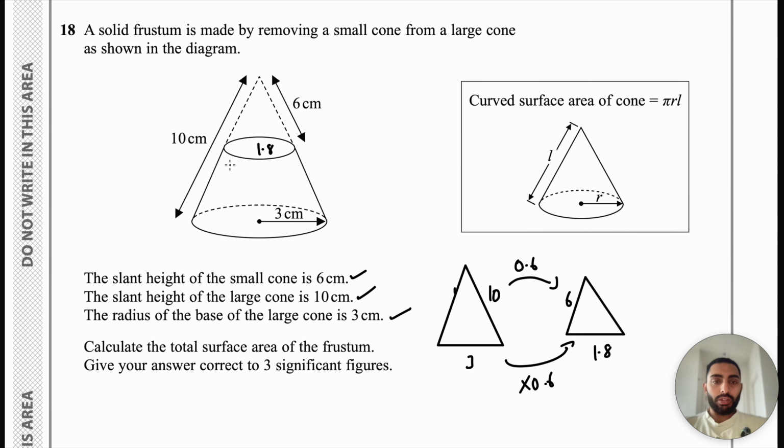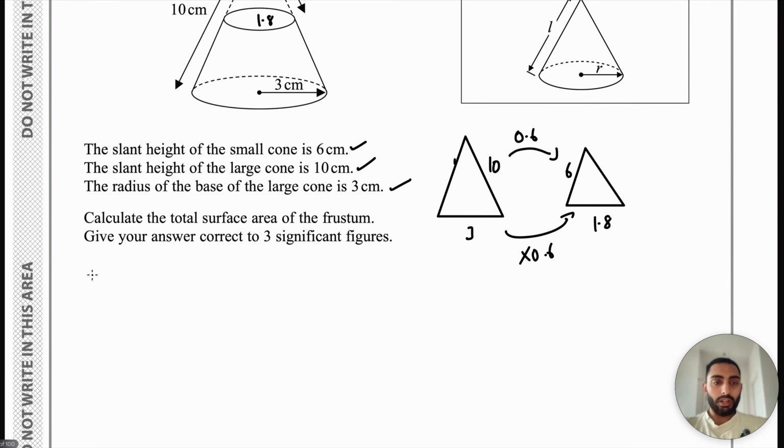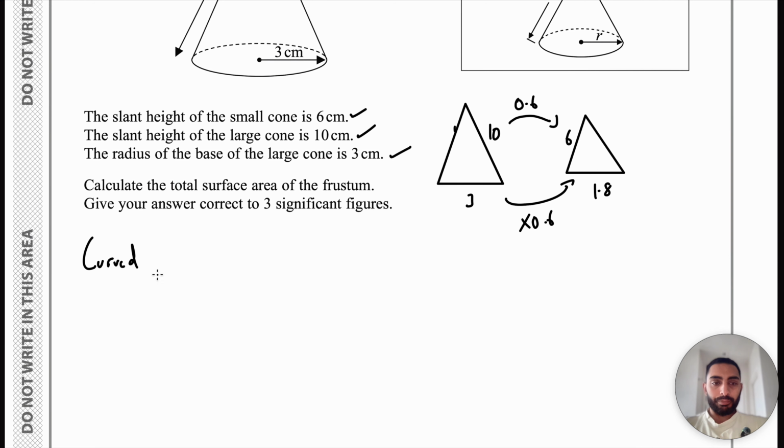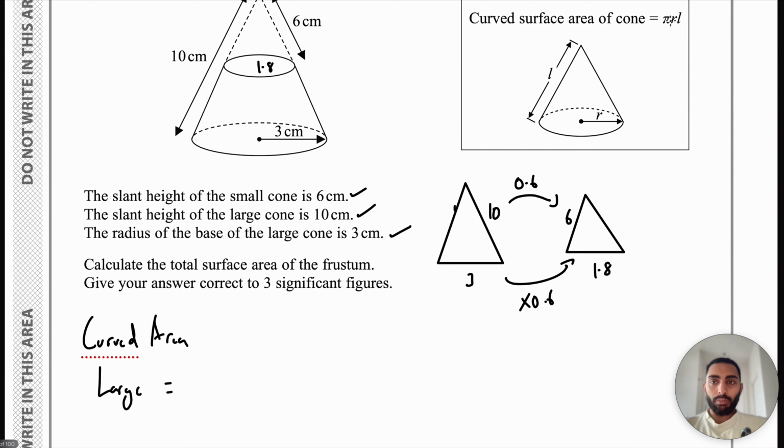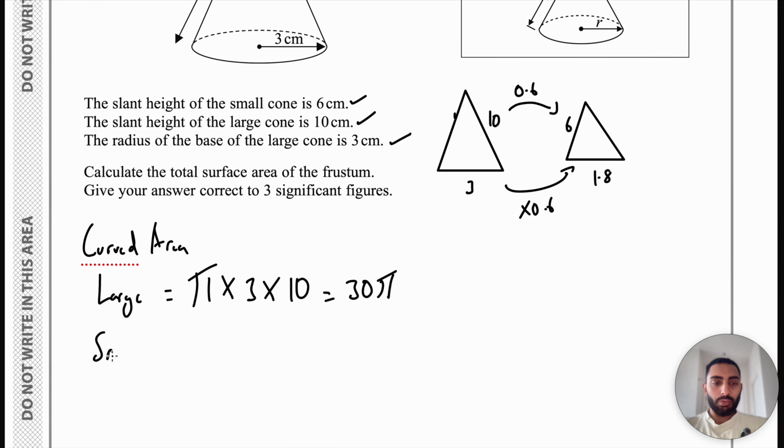I'm going to first work out the curved area of the frustum. To do that, I'm going to need the curved area of the large cone, take away the curved area of the small cone. Curved area, I'm going to do the larger one first. It tells me the formula, which is pi times radius times the slant height, the diagonal. So I'm doing pi multiplied by the radius, which is 3, multiplied by the slant height, which is 10. 10 times 3 is 30, so it's going to be 30 pi. Do the same thing with the small one.